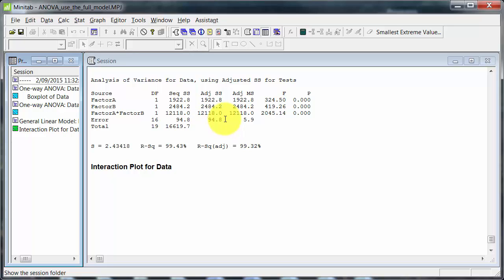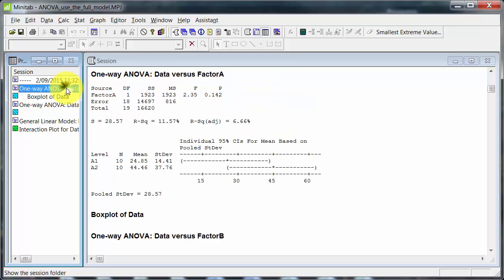Look at the error here. 95 for sums of squares, 6 for mean square. Back here, 1923, as we just saw, that's the same number as in the two-factor. 16620, the same number as in the two-factor. The big difference here is the error.